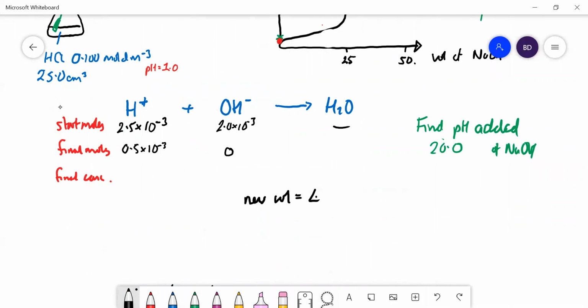So that's going to be 45 centimeters cubed, so 0.045. So to work out the concentration here, we've got to divide this number by 0.045, moles over volume. Let's do that. 0.5 divided by 0.045.